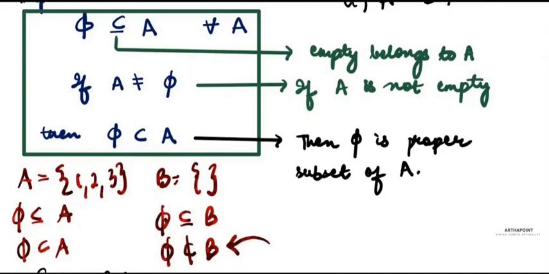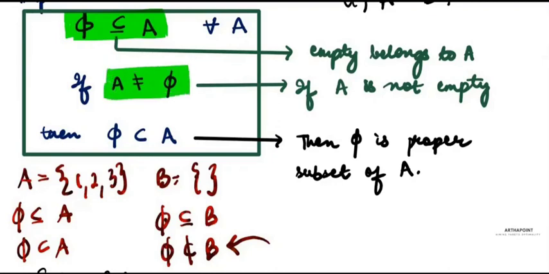Which is not there. So therefore, we say that if empty is a subset of A and A is not empty, then empty is a proper subset of A, right?